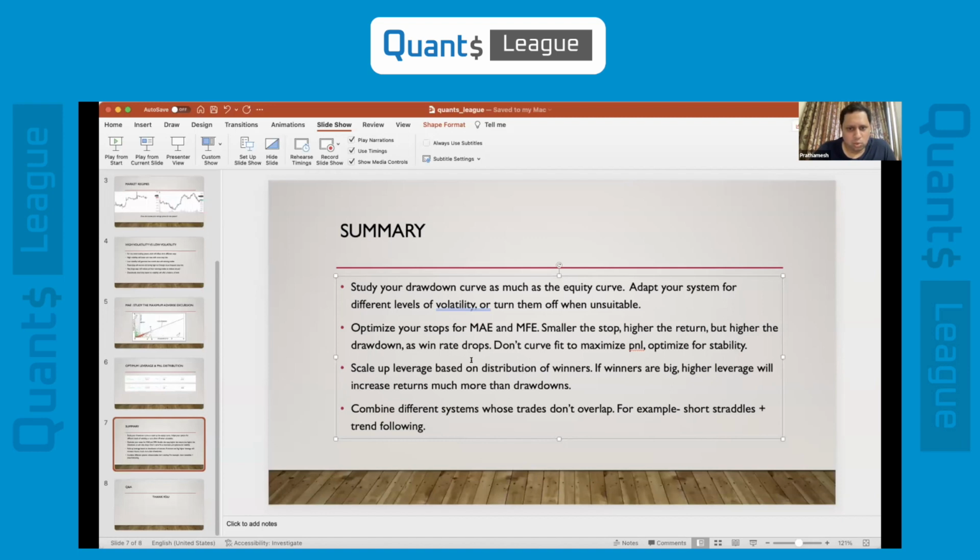Okay, so one other comment is some positional systems have very less drawdown without stops. Absolutely. So you do not necessarily need to have stop losses, but ultimately all systems assume that there is some direction.